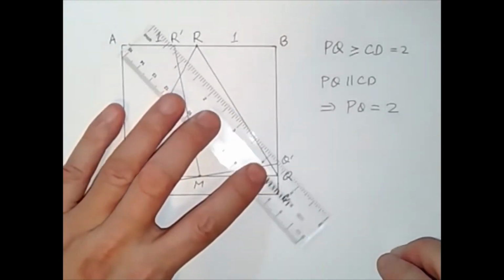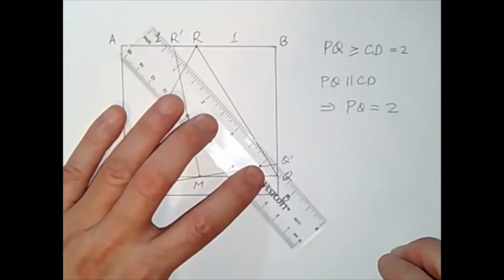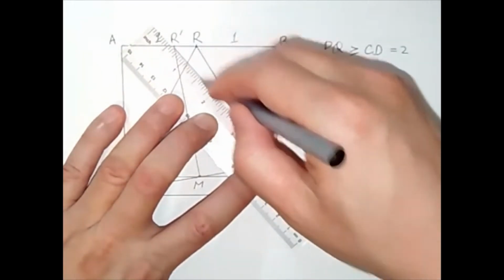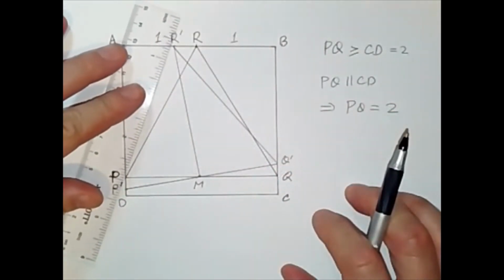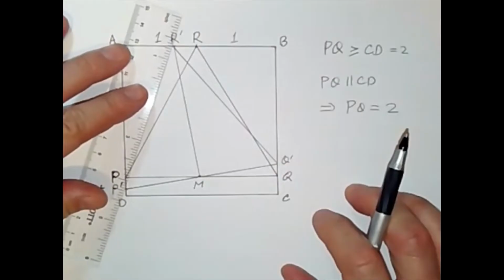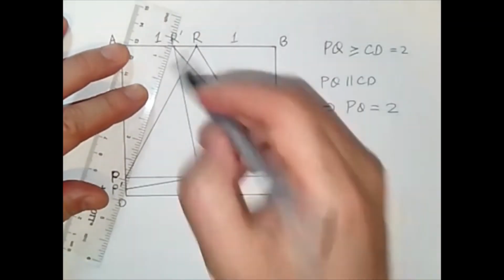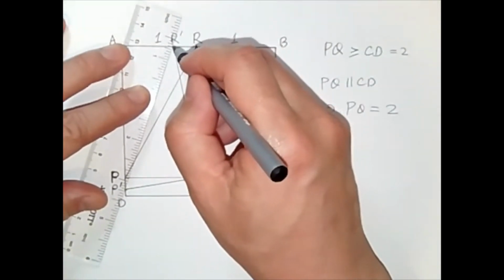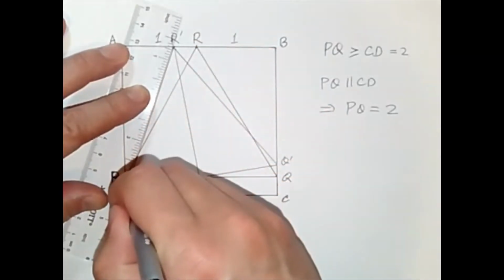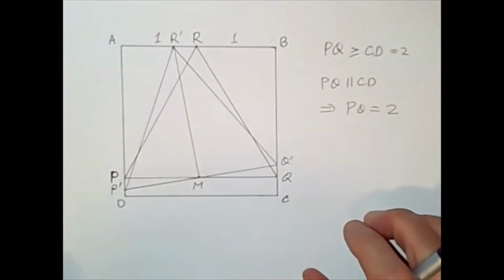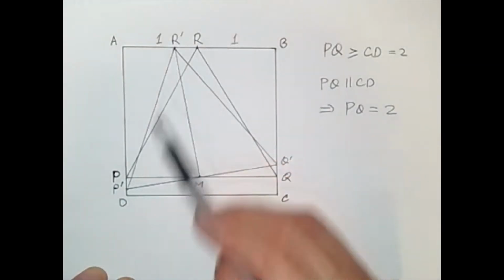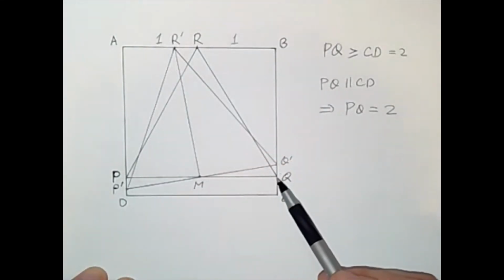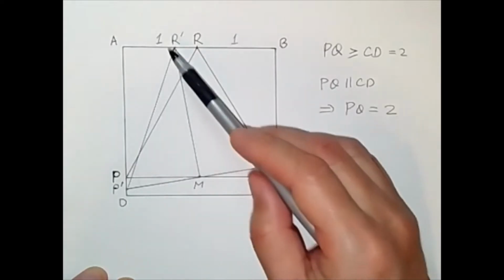Then we obtain another triangle, P prime Q prime R prime. We can easily see R prime P prime Q prime is isosceles. This side equals this side.